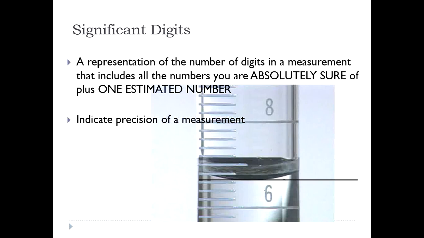So what were the numbers that I was absolutely sure of? It was 6.6. What was my estimated number? It was the 2. So 6.62, with the 2 at the end being my estimated number. And these are my significant digits when I read the volume of this liquid.